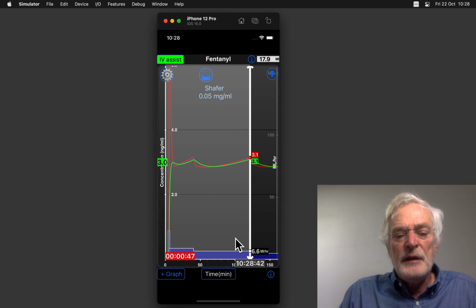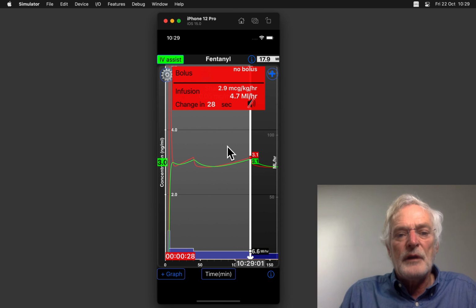And you can see that we're now at this time point, and I have to change my infusion rate in 37 seconds. And 30 seconds before I have to change my infusion rate, there will be an alarm, and this alarm will give a sound and help me to remember that I have to change my infusion.